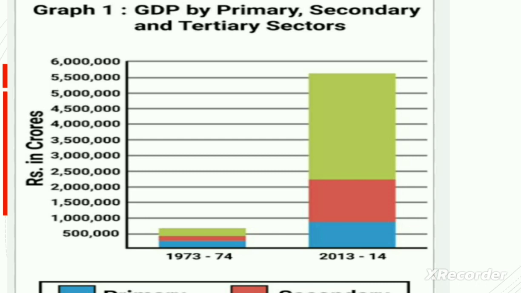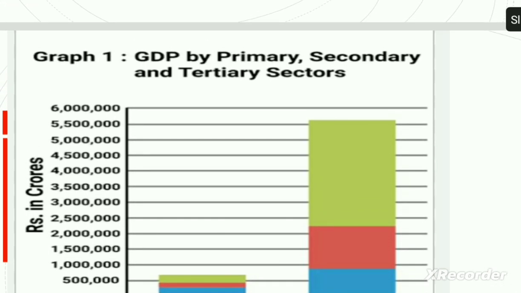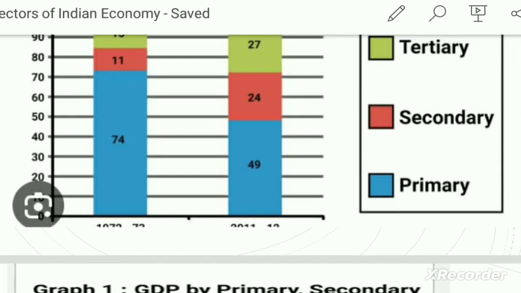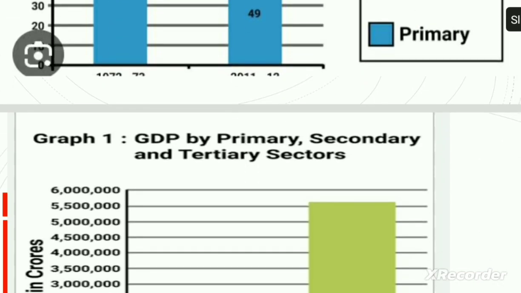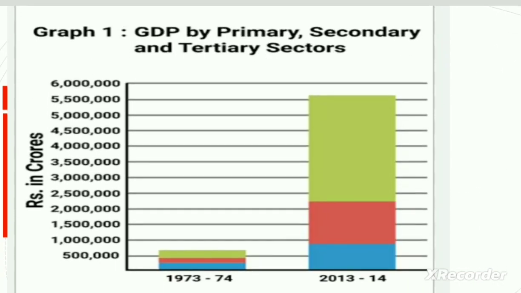So now there is a growing importance of the tertiary sector. We can see, though the tertiary sector shares only 27% of the workforce, the contribution of the tertiary sector is approximately 70%.